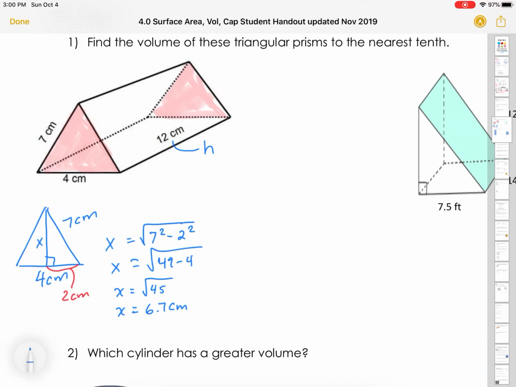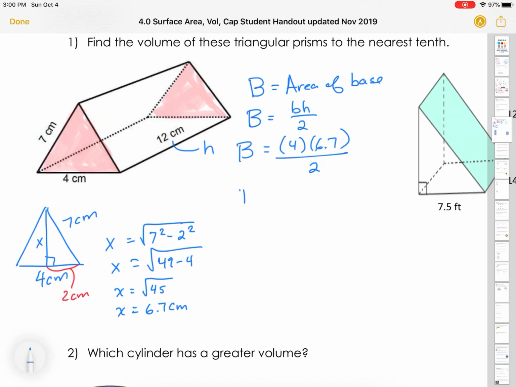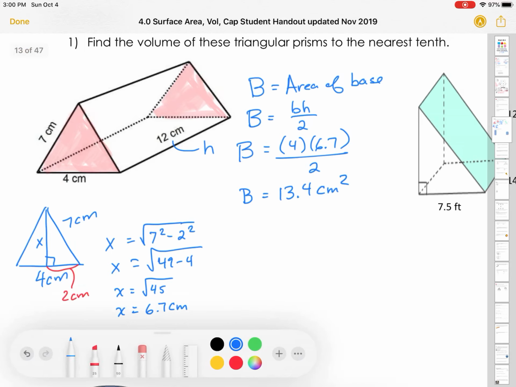So let's find the area of our base first. So B is the area of the base, which is the triangle. So that's small b h over 2, right? So that will be 4 times 6.7 all over 2, and I'm going to calculate it: 4 times 6.7 equals, divided by 2, 13.4 centimeters squared.